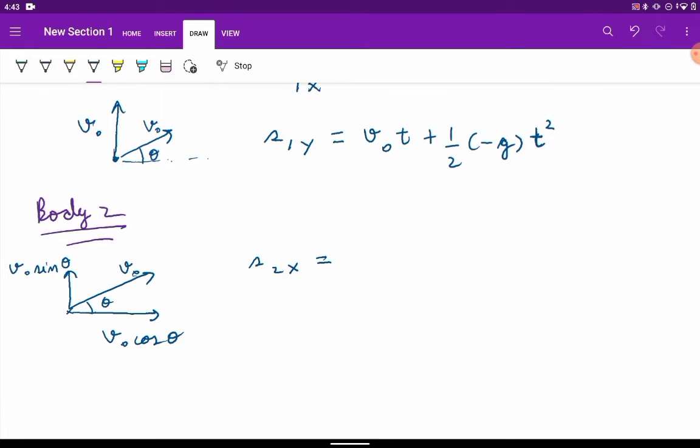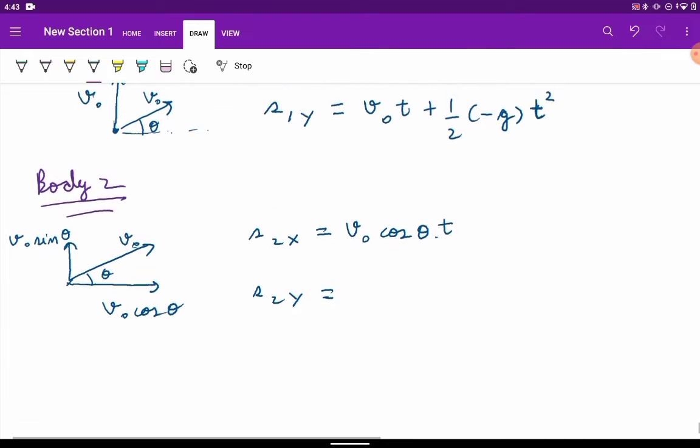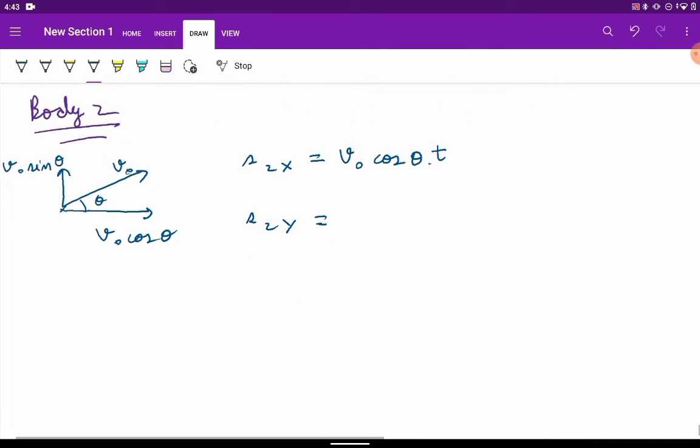So s2x will just become v naught cos theta times t, and s2y is nothing but, again we'll use the equation ut plus half at square, and here also the acceleration is minus g. The initial velocity in the y direction is v naught sine theta, so v naught sine theta into t plus half minus g t square.